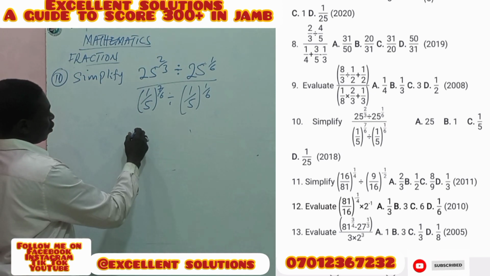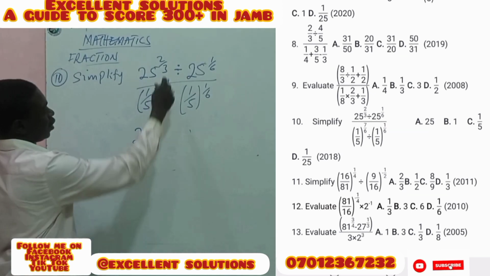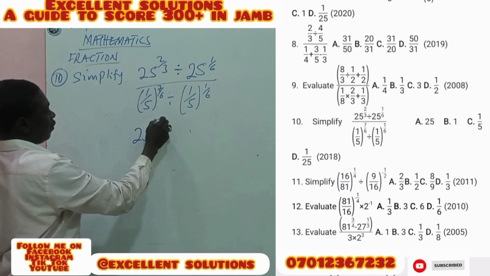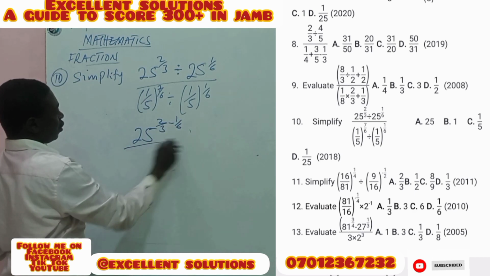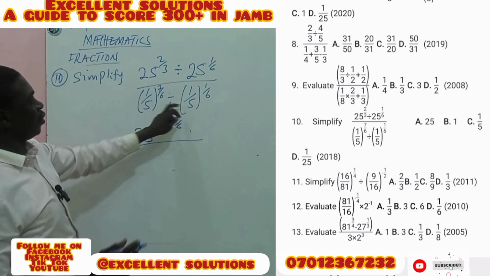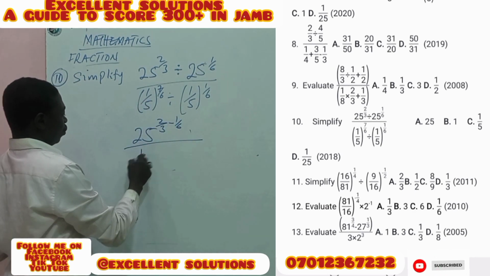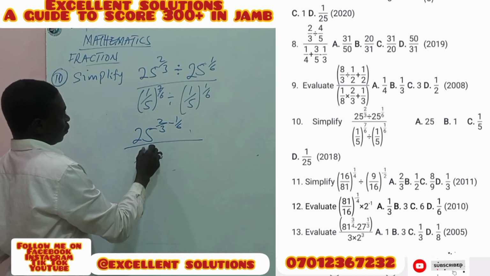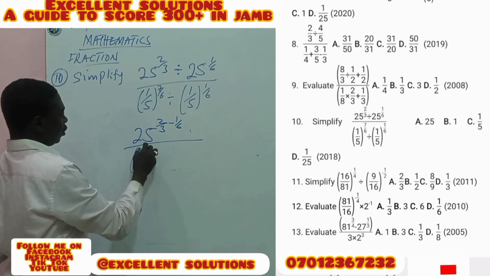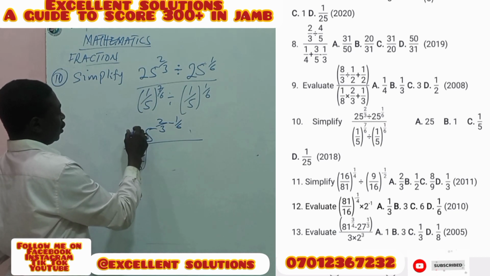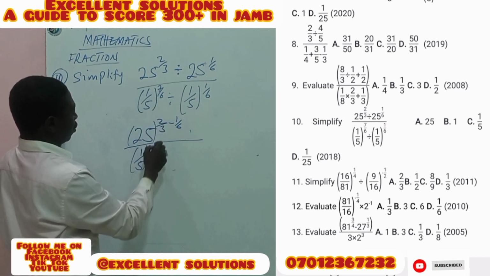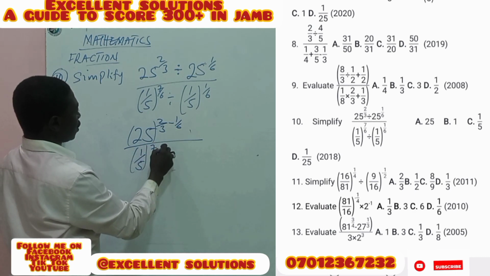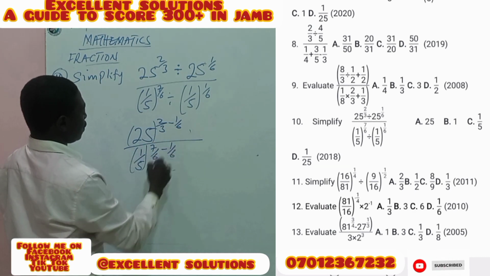So this now becomes, we take one base and subtract the powers. So 25 raised to the power of 2 over 3 minus 1 over 6, over, since this one also the base is the same, we now take 1 over 5 raised to the power of, we can put it in bracket, 1 over 5 raised to the power of 7 over 6 minus 1 over 6.